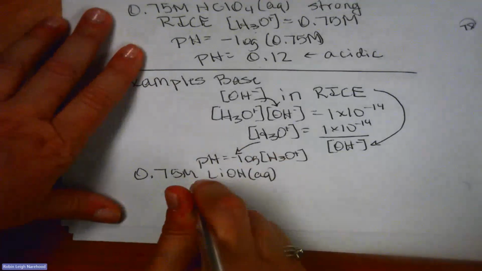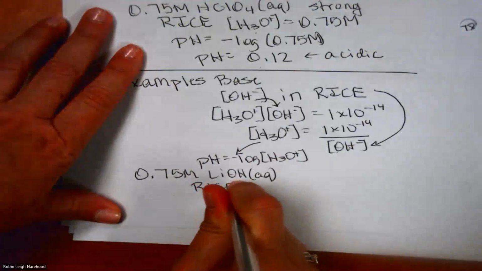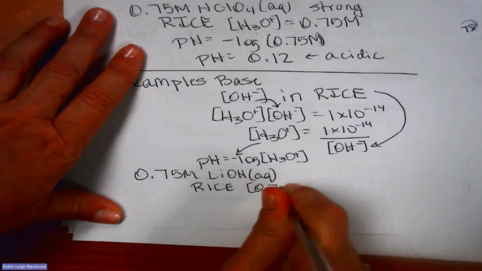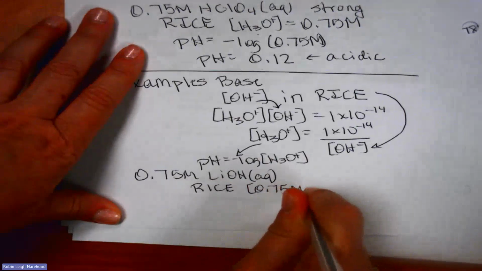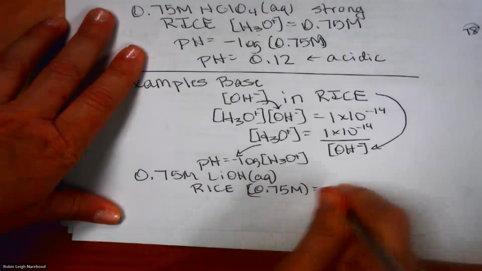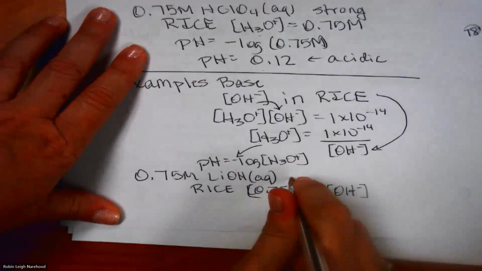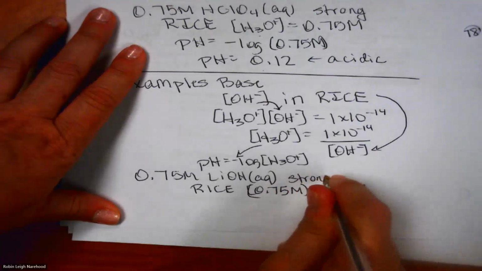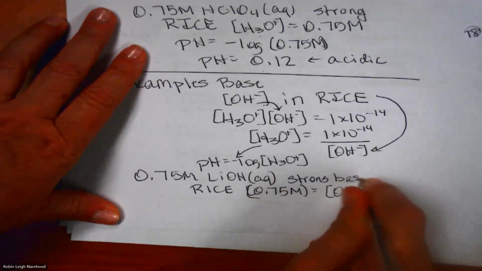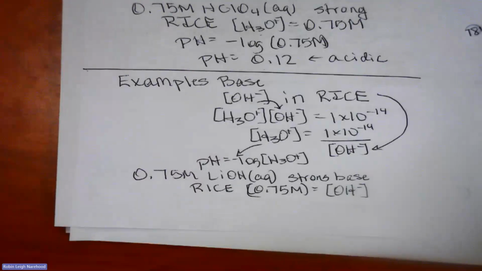From the RICE chart, our hydroxide was 0.75 molar. It is the only kind of strong base that we're going to go over, and that's when the substance dissolves, there's hydroxide right there in the ion. So this is not exchanging a hydrogen, this is just ionizing. So all the rest of them are weak.